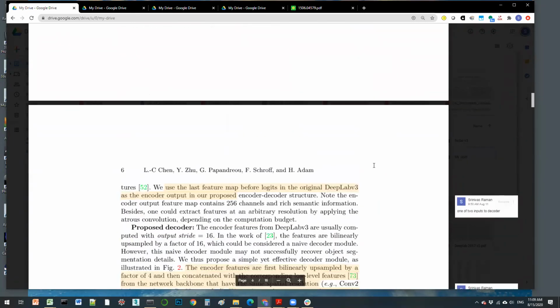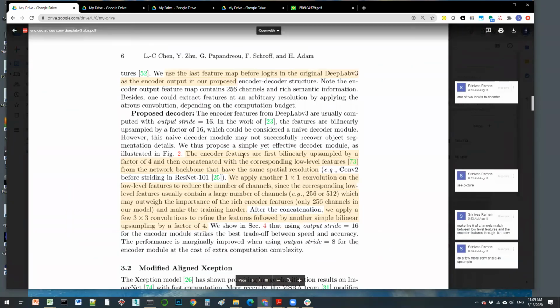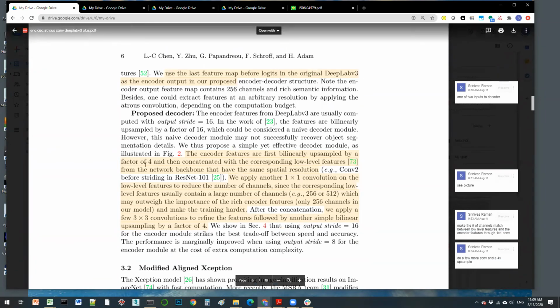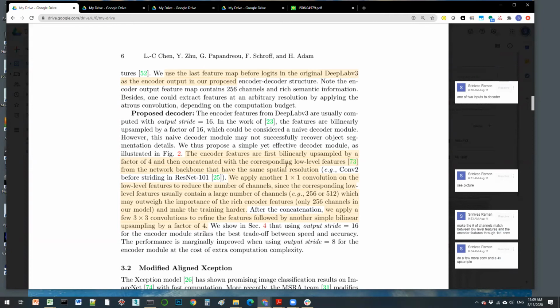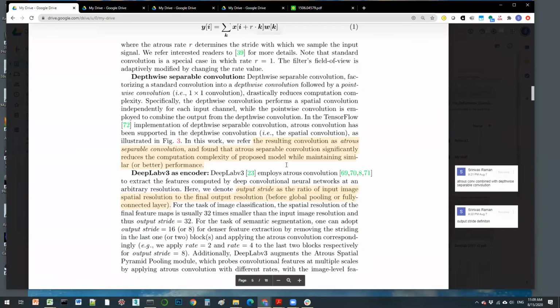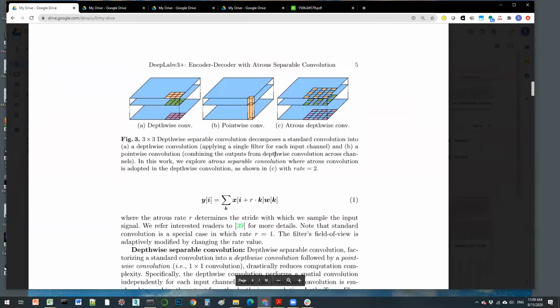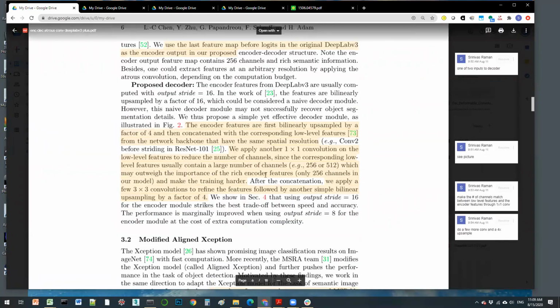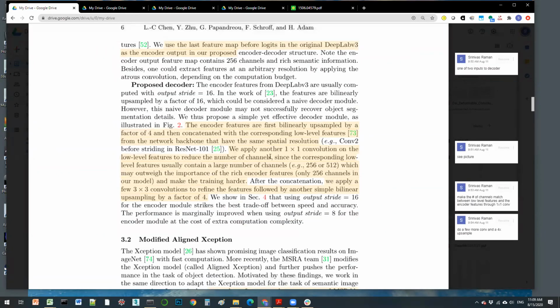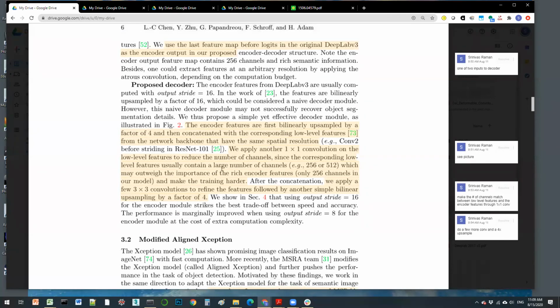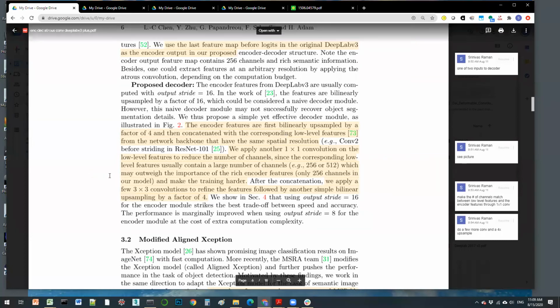And then let's see, the proposed decoder. The encoder features are first bilinearly upsampled by a factor of 4, then concatenated with a corresponding low-level feature. So this is just an explanation in words of the diagram that we have seen up above. Then they apply another 1 by 1 convolution on the low-level features to reduce the number of channels. This is, as I said, to align the number of channels coming in from the encoder and directly from your input path.